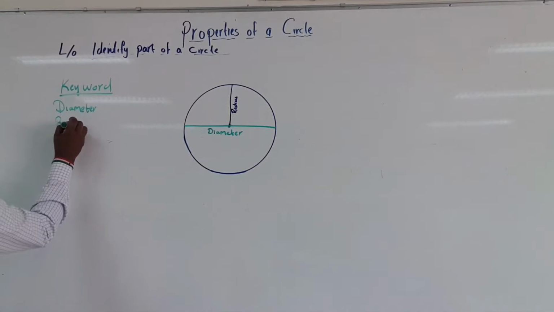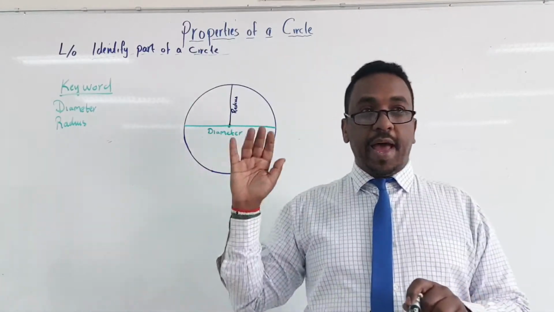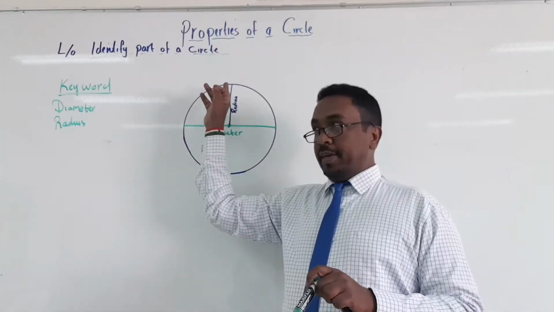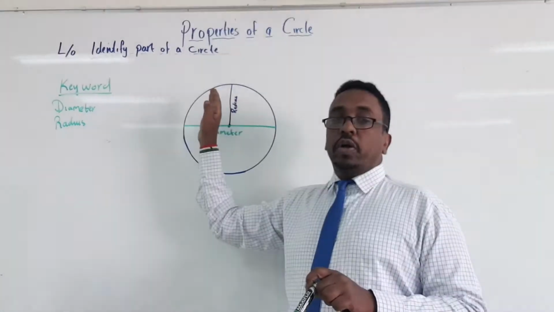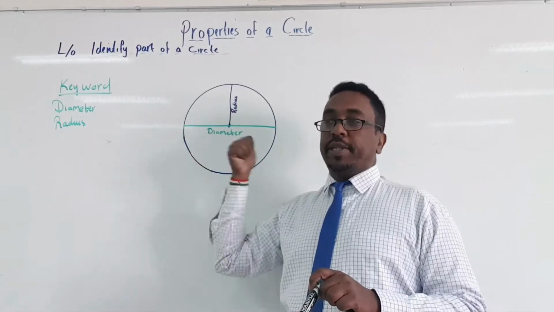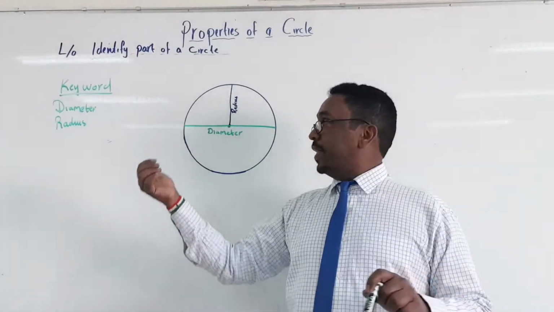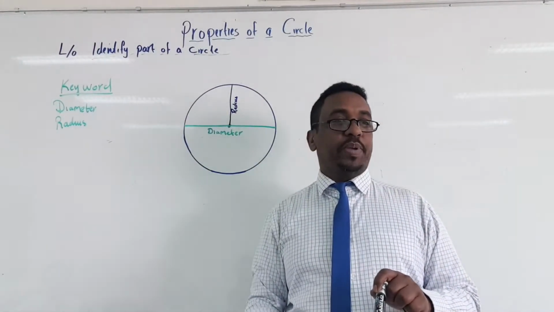Okay. Right, so what is the radius? The radius is a line which goes from the center to the circle, and is half of the diameter. So if I give you the diameter is 10, who can tell me how much the radius will be?